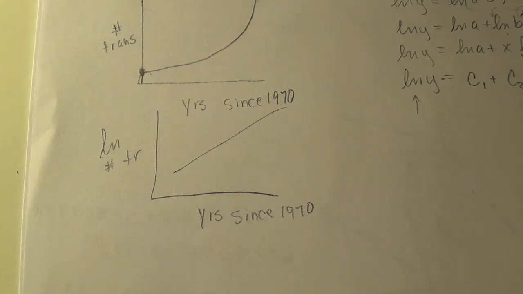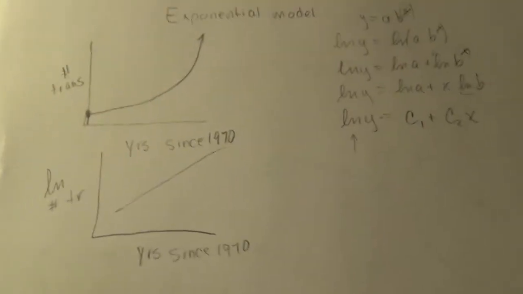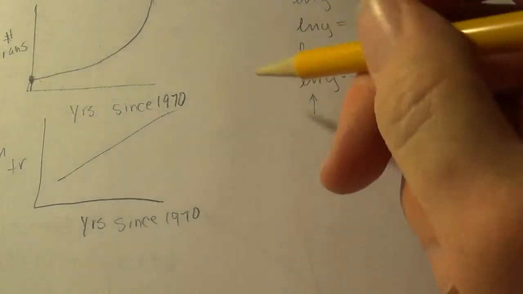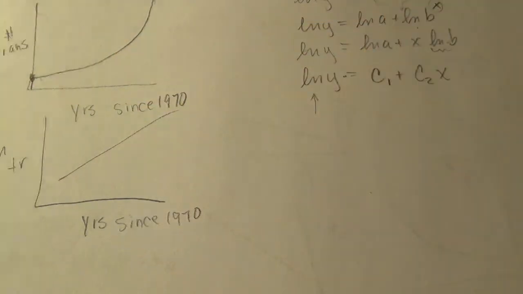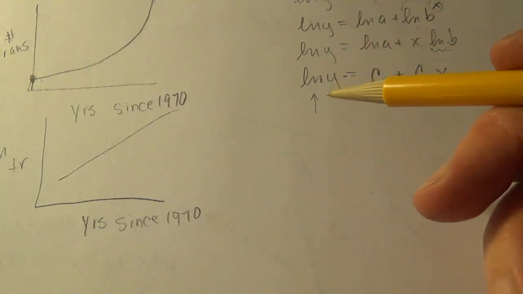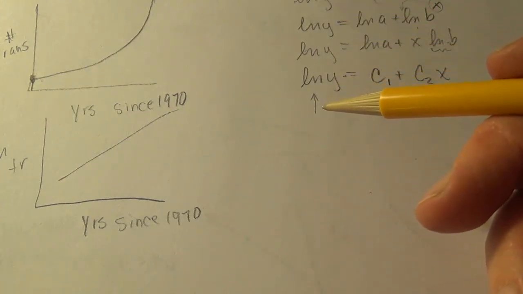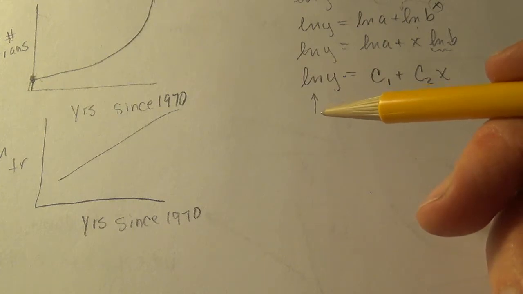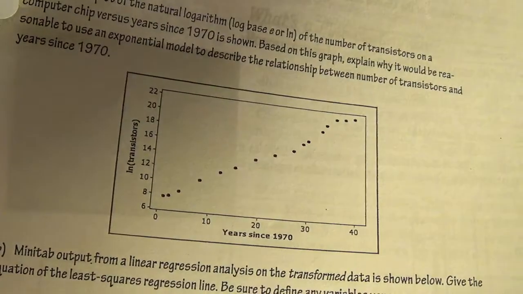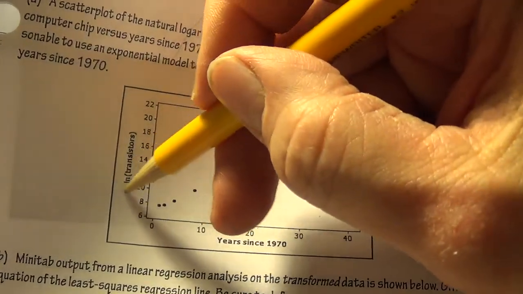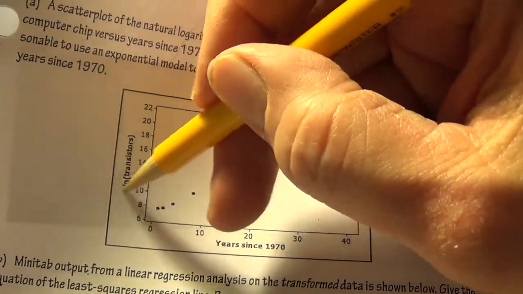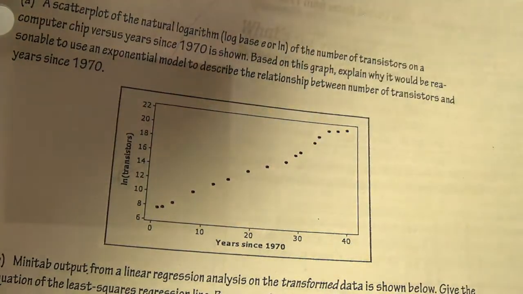So what is the equation that relates these variables now? So go to your Minitab and see if you can pick out the numbers. Notice the expression, and the way I can tell on this is they put ln right there. So they used ln on the y value and they left the x value the same.